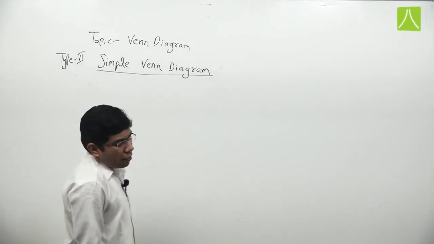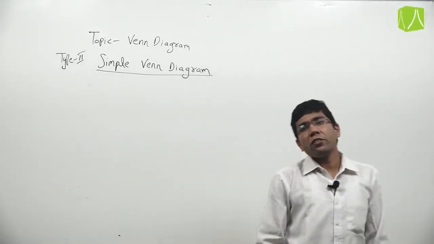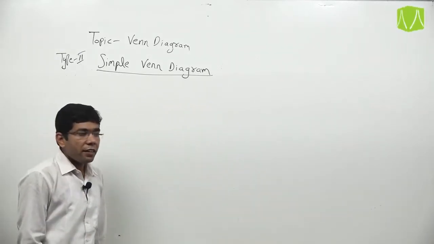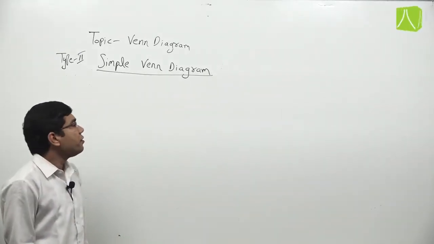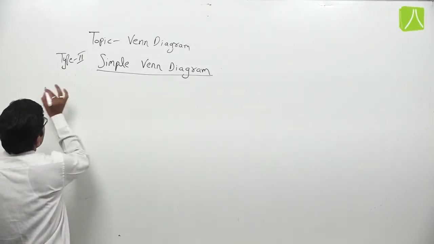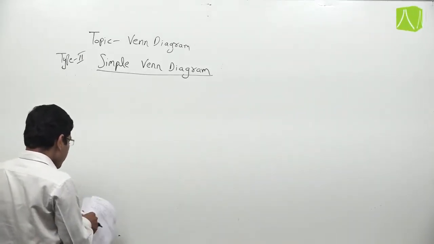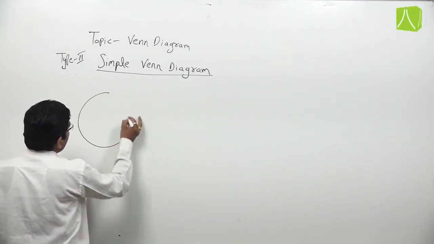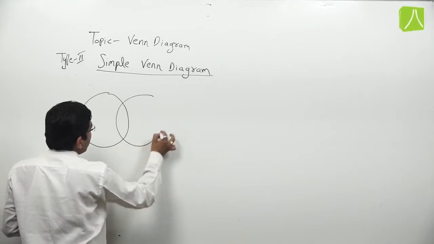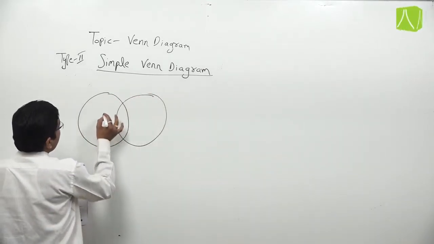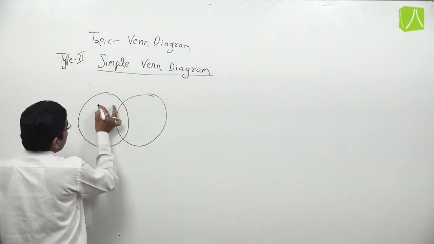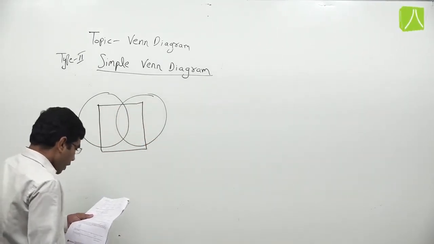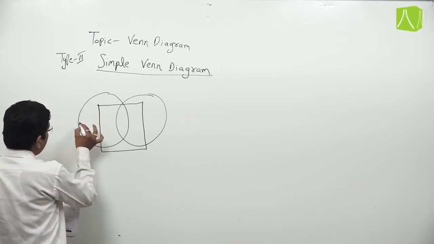In this we have given a proper combination of various mathematical figures like circles, triangles, rectangles and different figures. For example, suppose the figure is given that this is circle number 1, this is circle number 2 and here is a square and as well as a rectangle.